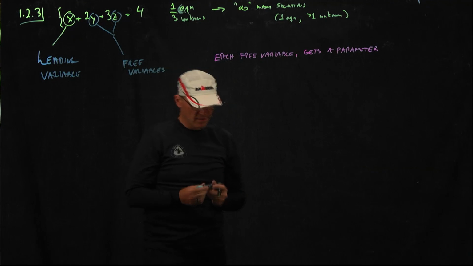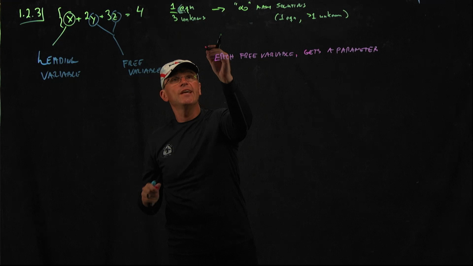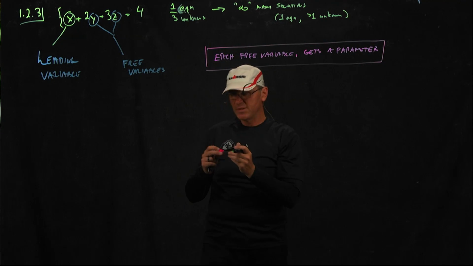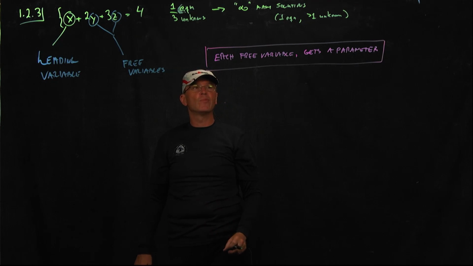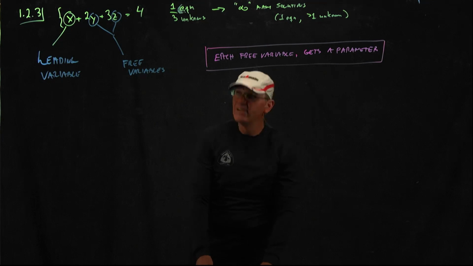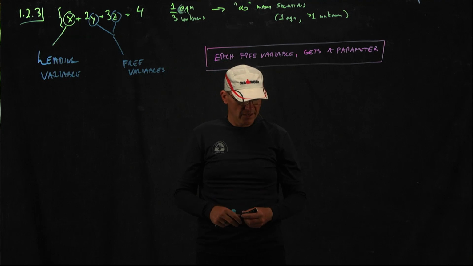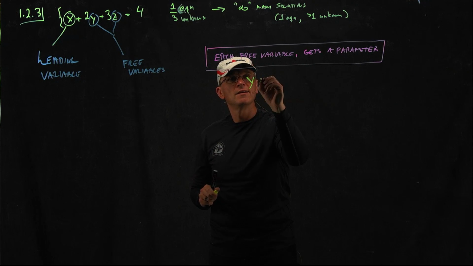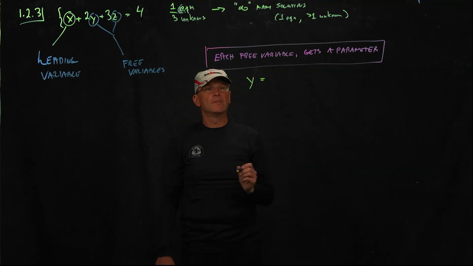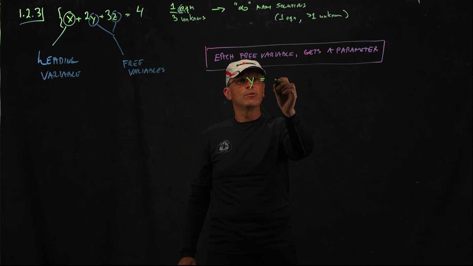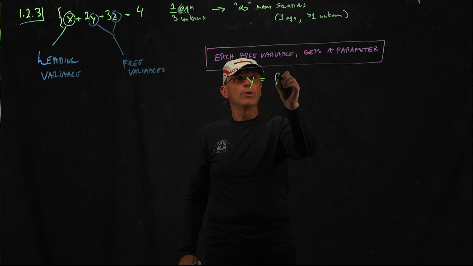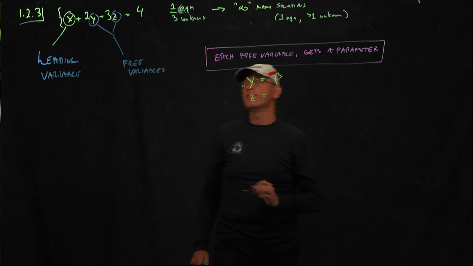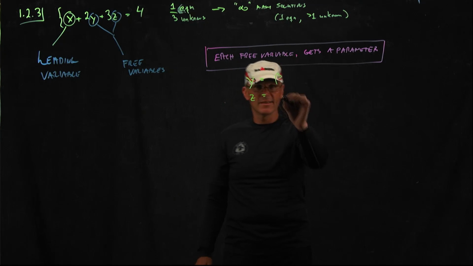And then we have this statement which did not get erased from the previous problem, saying that each free variable gets a parameter. So we're going to have y being some favorite variable. Why not beta? And z, should we stick with the Greek alphabet? Well, why not? Gamma.